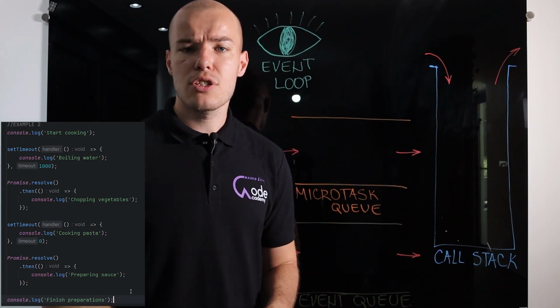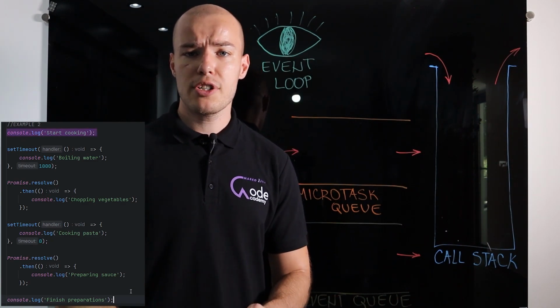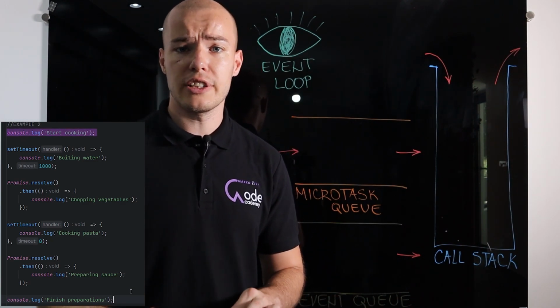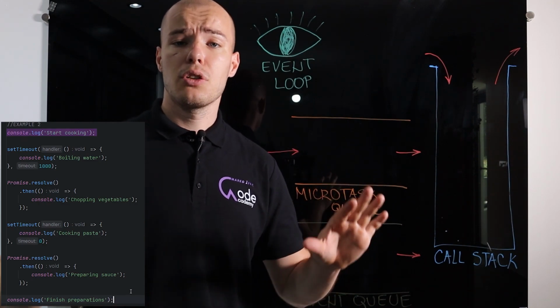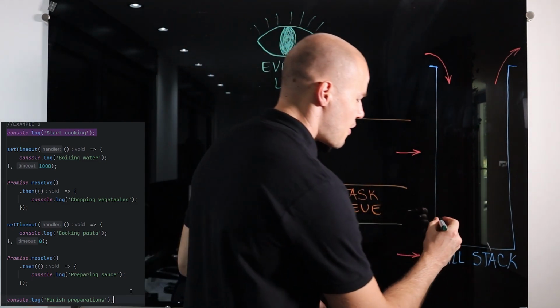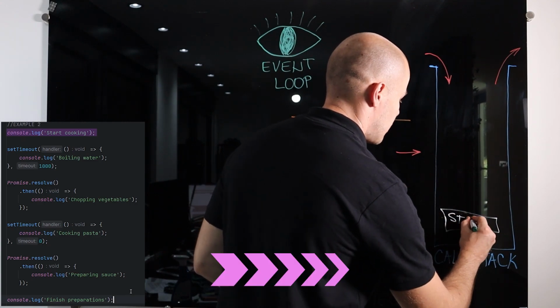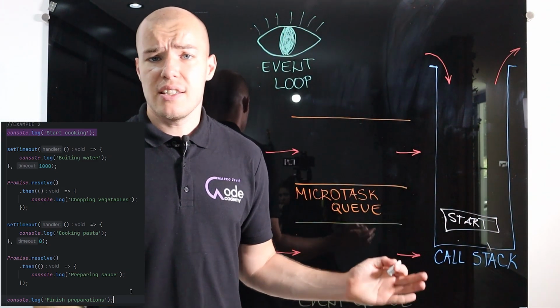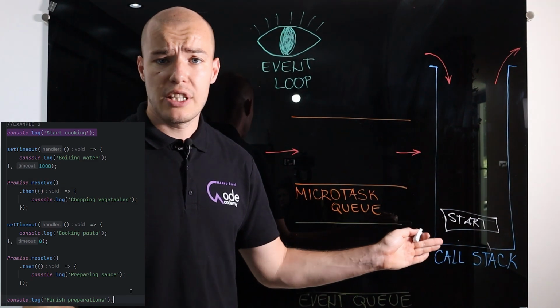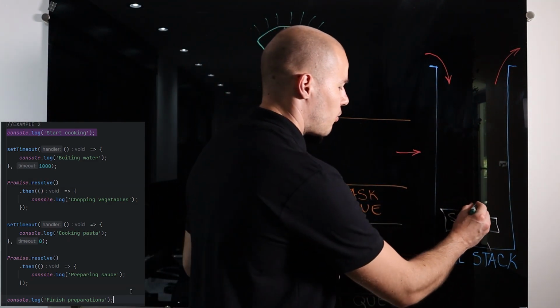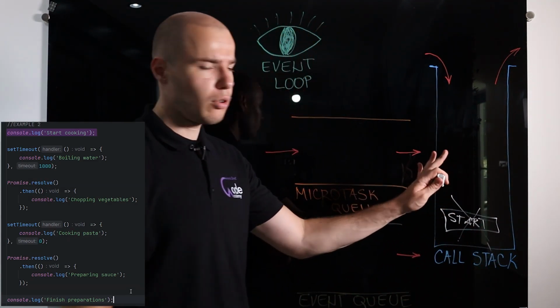I thought so. Let us go through our example, and the first line is going to be our console log that is going to state start cooking. And because it's a very simple action, it is going to be pushed onto the call stack. And basically because it's simple, it's going to be executed immediately and popped off from the call stack. So it's no longer there.